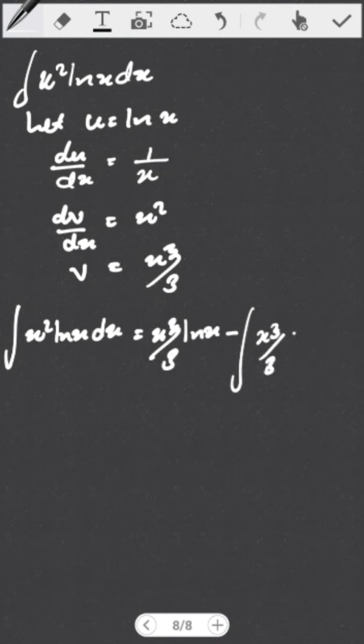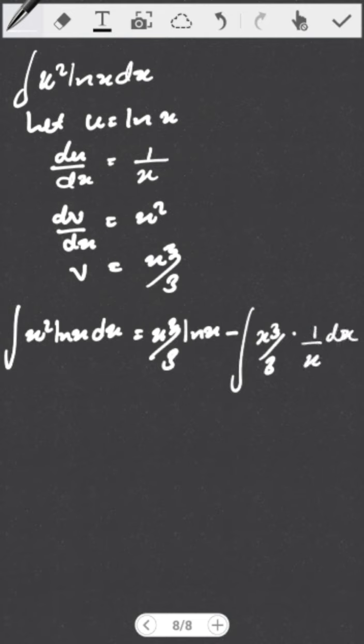I'm multiplying this by du/dx, which would be 1 over x dx.